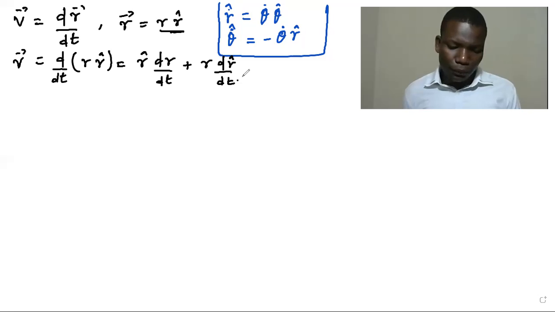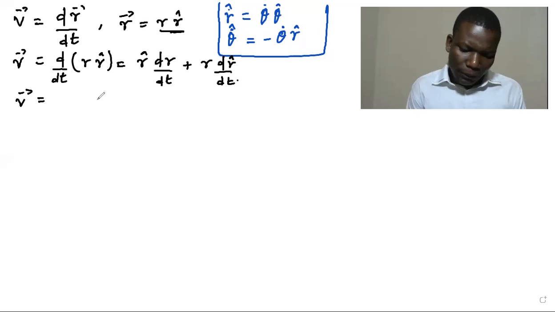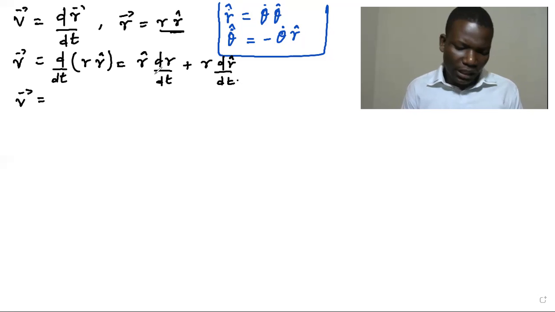So now we can differentiate, where we have velocity. Once we differentiate with respect to time, like we've been doing in the previous video, we put a dot on top to show that it has been differentiated with respect to time.